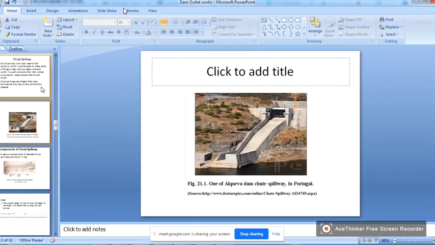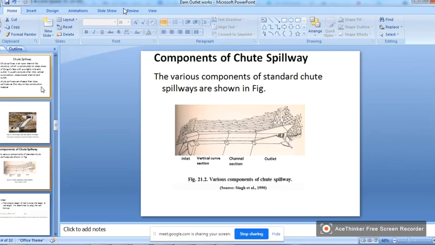This is the diagram of the chute spillway. It has one inlet where water enters, and there may be a crest also, and an outlet where water enters a stilling basin, and between them we have a channel section.